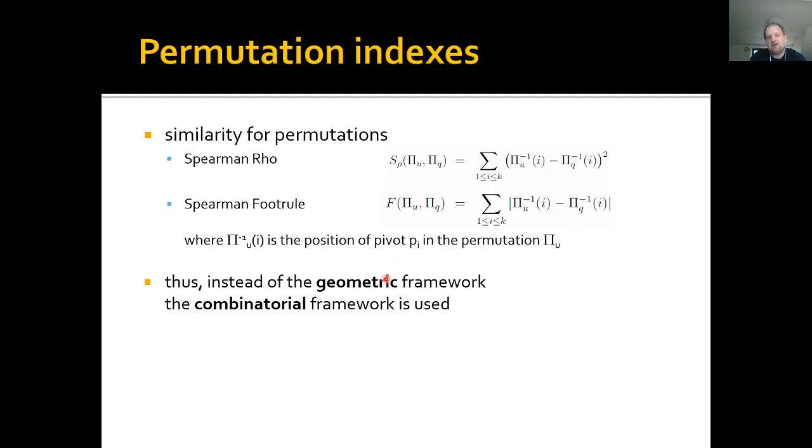We switched from geometric framework to combinatorial framework. But the combinatorial framework mimics or follows the distribution of the metric space, because it only turned real-value distance measuring into measuring the differences in positions in permutations. But basically there should be a high correlation with this.